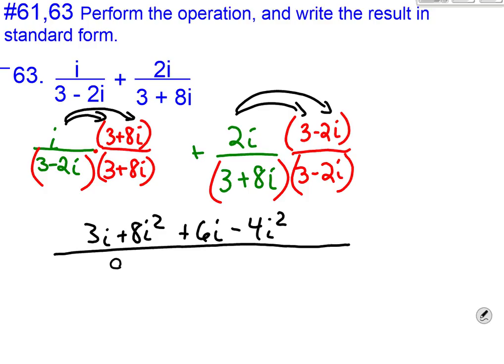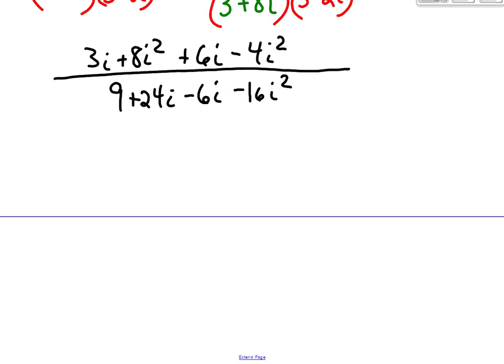So the first term's 9, then plus 24i, and then minus 6i, and then minus 16i squared. To shorten up my work, I'm going to take that numerator where it says minus 4i squared and minus 16i squared, and multiply each of those by the negative 1, that is i squared, and cross those out.